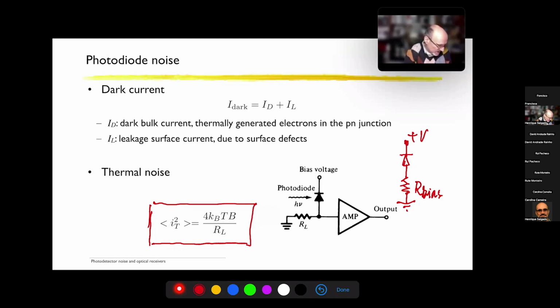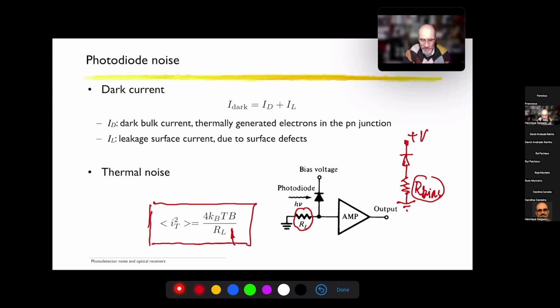And this resistance here is associated with some thermal noise, and the thermal noise generated, which is equivalent of saying that a certain current is generated by the resistance, can be quantified by this expression here.